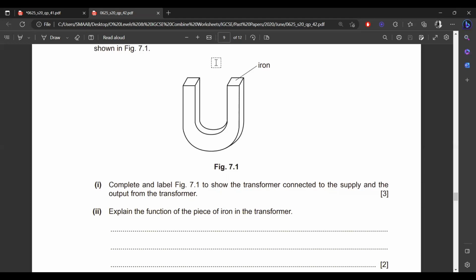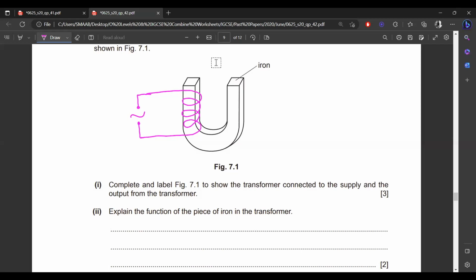So what will be the structure? There'll be two coils on both sides. Yes, two coils on both sides. Good. So let's suppose we are going to make two coils. First on the left hand side, and it is connected with a power supply. And always remember, in a transformer, the coil is always connected with AC supply, right? Not DC.